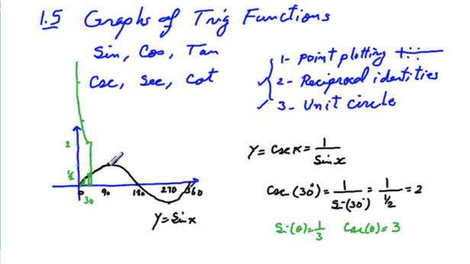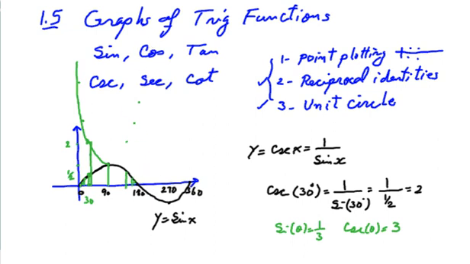How about the top? Sine of 90 is 1. What is cosecant of 90? 1. The reciprocal of 1 is just 1. So I come down here, and when this is a half, I go to a 2. When this is a third, I go to 3. When this is a quarter, I go to 4. When it goes to 0, I just escape to infinity.